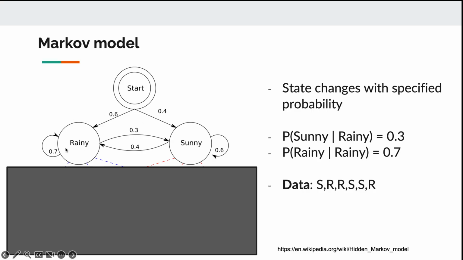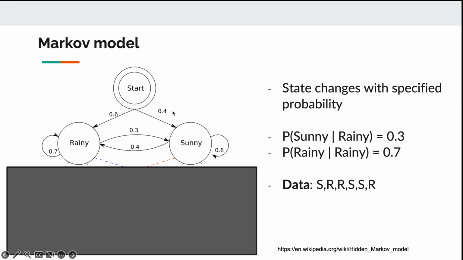In this diagram, if today is rainy, there's a 70% chance that tomorrow you're going to get more rain, and a 30% chance that the rain will end. If today is sunny, there's a 60% chance that tomorrow will remain sunny, and a 40% chance that tomorrow you'll get rain.